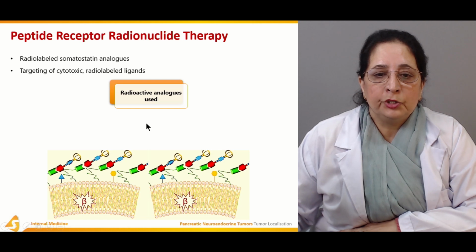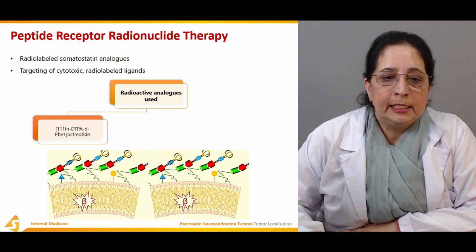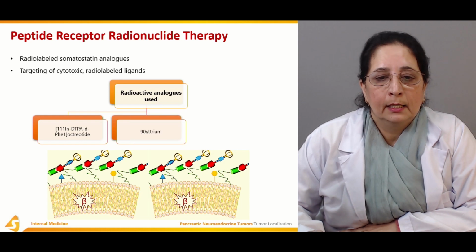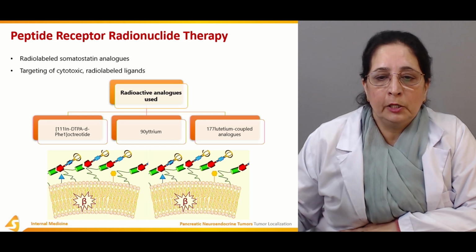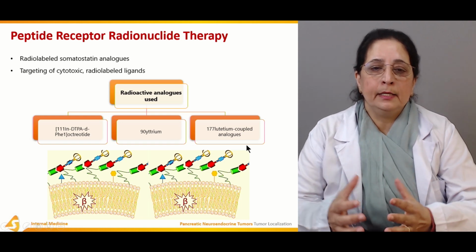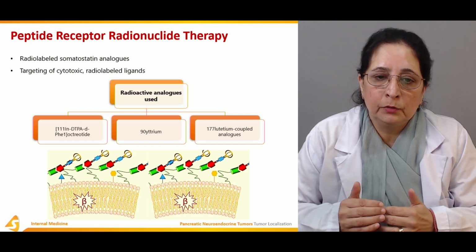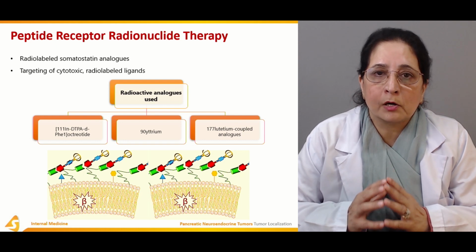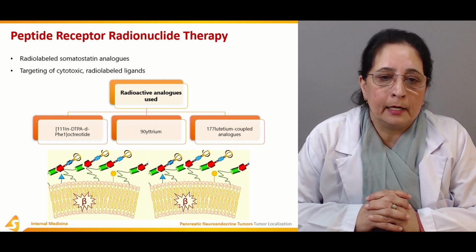Radioactive analogs used are DTPA octreotide, 90 yttrium, and we can also use lutetium coupled analog. So these are the peptide receptor radionuclide therapy options, in which we can use radioactive analogs like octreotide, 90 yttrium and lutetium coupled analog.